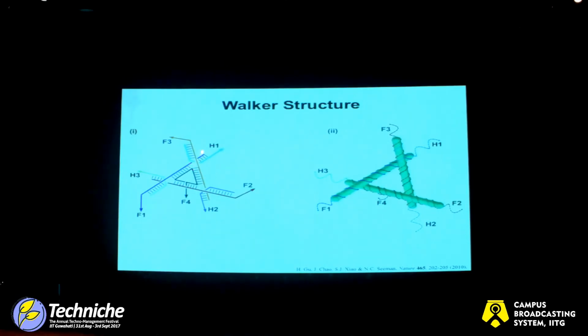So the walker itself has 3 hands for collecting cargo, H1, H2, and H3, and 3 feet for walking, F1, F2, and F3, and a 4th foot to orient it towards the loading stations.